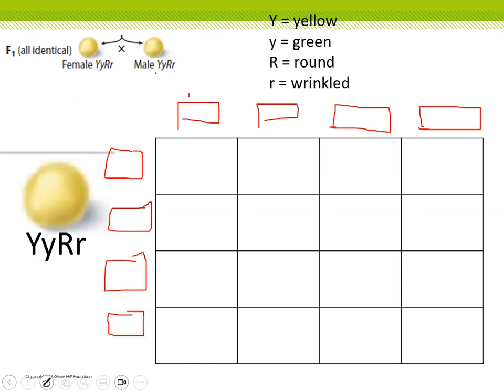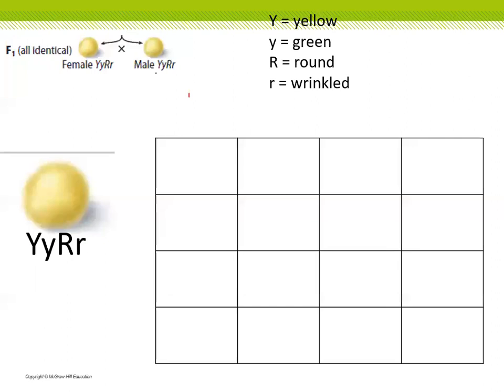I'll give you a minute to set that up. Okay, so we're going to start filling this stuff out here. So again, if you're unsure how to choose, like which alleles do I pick here? How do I know what's going to end up here? Well, I'm going to look at my first cell here.